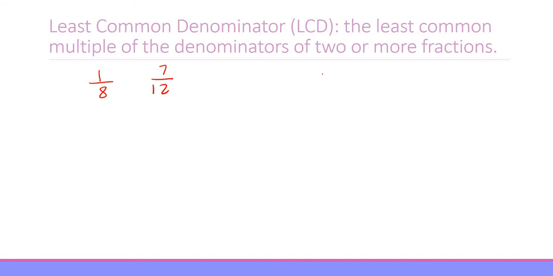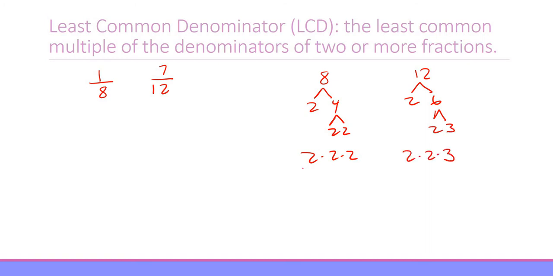Let's do that off to the side. 8 is 2 times 4, so 8 is 2 times 2 times 2. 12 is 2 times 6, and 6 is 2 times 3. So my least common multiple is, I need all 3 2's from the 8. I already have these 2, I just need a 3. So that's 8 times 3 is 24.